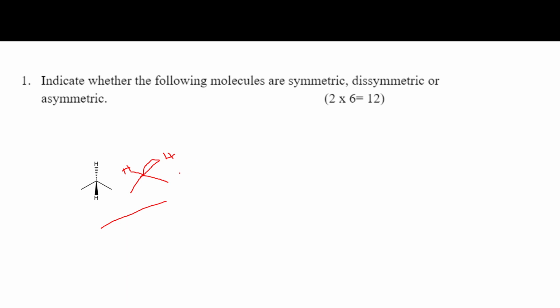Now we have to rotate this molecule by 180 degrees. If you rotate this molecule, this hydrogen will be like this, and this hydrogen will be like that.